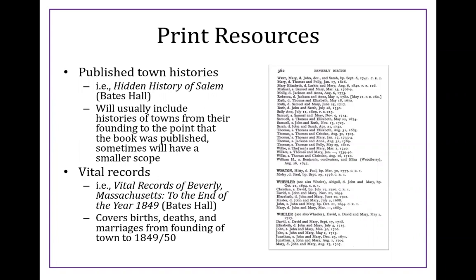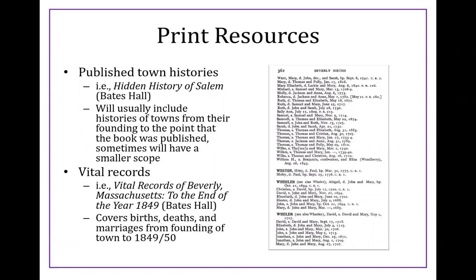Thank you. As you can see in this example on the right, this is from the Vital Records of Beverly. The set that we have covers from the founding of each town up through 1849 to 1850. And yes, Teresa, these are the tan books that we're talking about right now. This is from the Beverly tan book. What Teresa's talking about is that a big set of these was published, I think in the 1910s or 1920s, and they are tan colored, not a very attractive shade of tan.